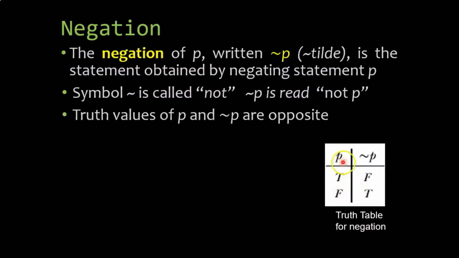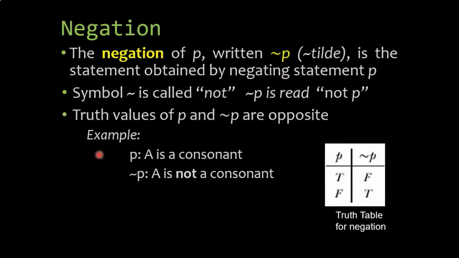If P is true, then not P is false. If P is false, then not P is true. This is an example of how negation can be applied in a statement. If P states that A is a consonant, then the negation of P states A is not a consonant.